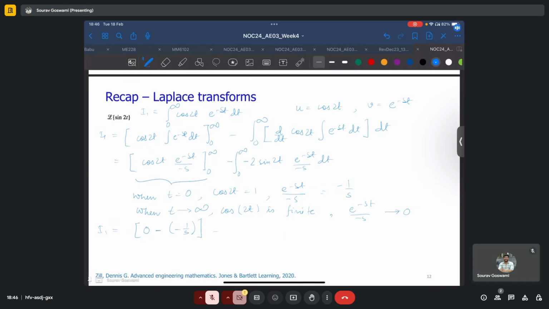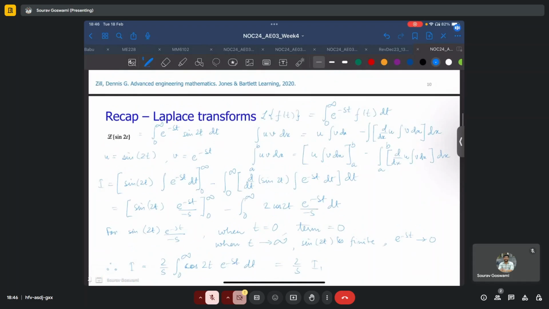and minus 2 by s times the integral 0 to infinity sin 2t e power minus st dt, or this becomes 1 by s minus 2 by s times the integral 0 to infinity sin 2t e power minus st dt. And we have in fact ended up with the very integral that we started to evaluate.